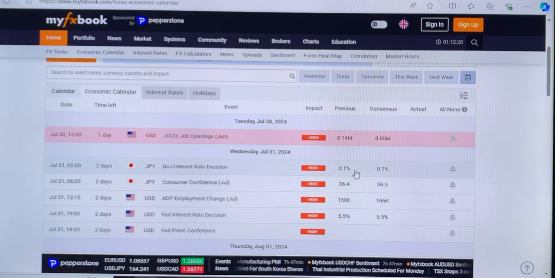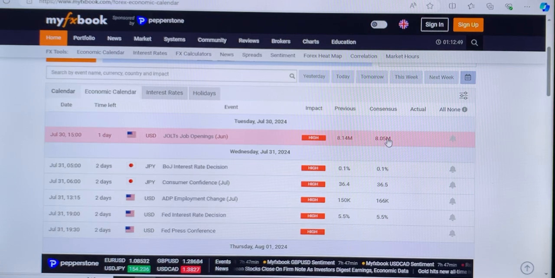Okay, let me briefly explain this part for you. Like these job openings, right? It says previously they had 8.14 million job openings, and the prediction is that the next time, which is on Tuesday, they are expecting the result to be 8.05 million, which means it has reduced. The actual is for when the news is out.